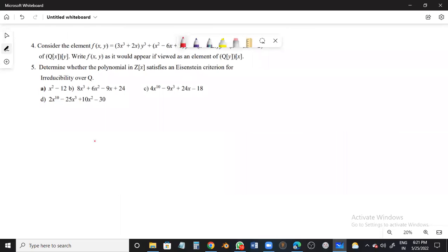We are saying f of x comma y. How is this a polynomial? You can see the coefficient of y cube is actually a polynomial in x. This is 3x cube plus 2x, times y cube, plus x square minus 6x.